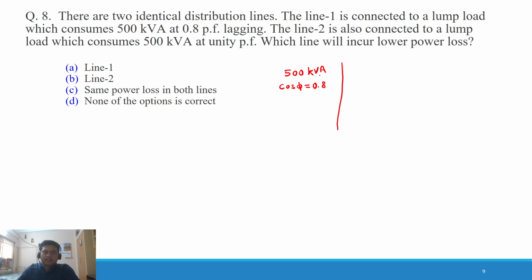The second lump load, connected to line 2, has an apparent power of 500 kVA, and it operates at unity power factor. So it is asked which line will incur lower power loss: line 1 or line 2.